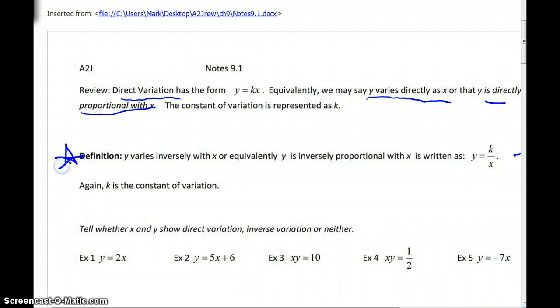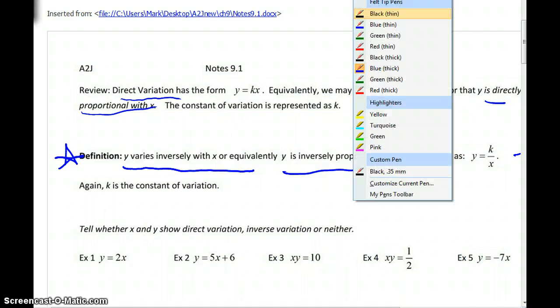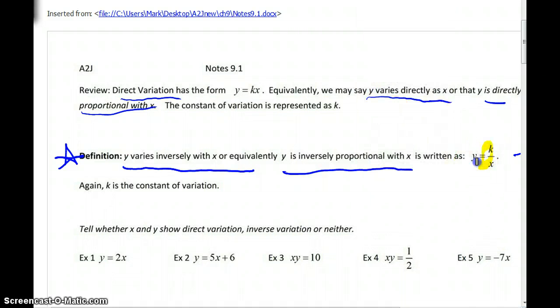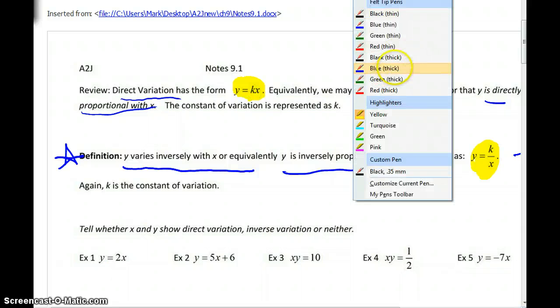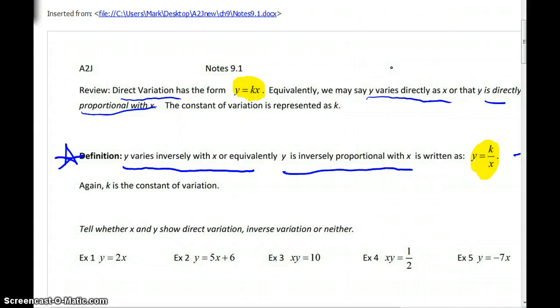Today, the new material, at least part of the new material that we're looking at, is that y varies inversely with x, or to say that y is inversely proportional with x. That's going to be of the form y equals k divided by x. And so we either have y equals k times x, which is direct variation, or y equals k divided by x, which is inverse variation.